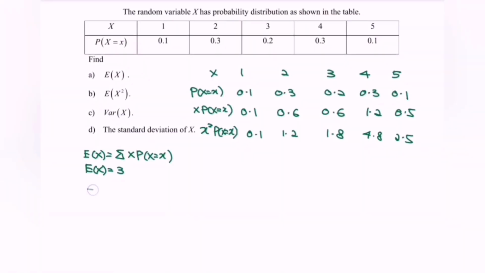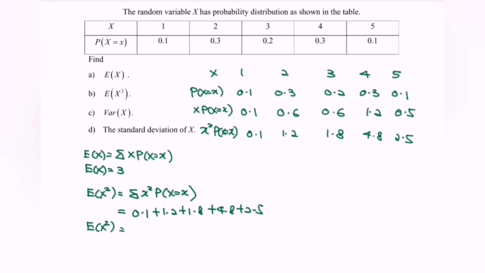Next is to find E(X squared). We have to sum up x squared multiplied by the probability: 0.1 plus 1.2 plus 1.8 plus 4.8 plus 2.5. So the value for E(X squared) will be equal to 10.4.